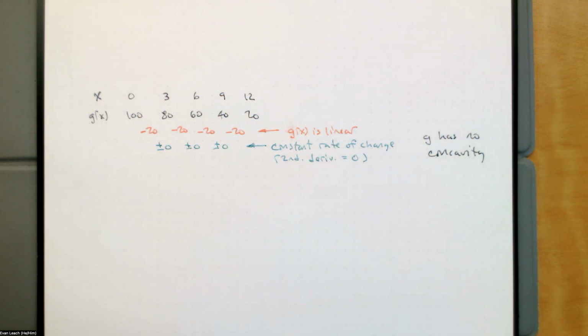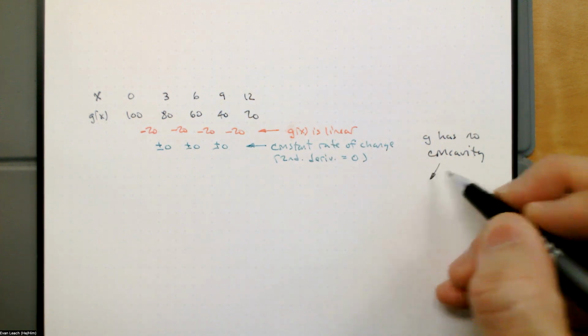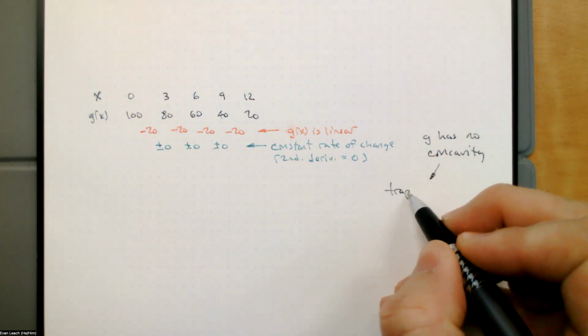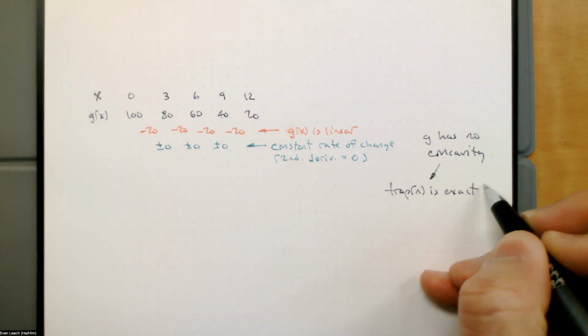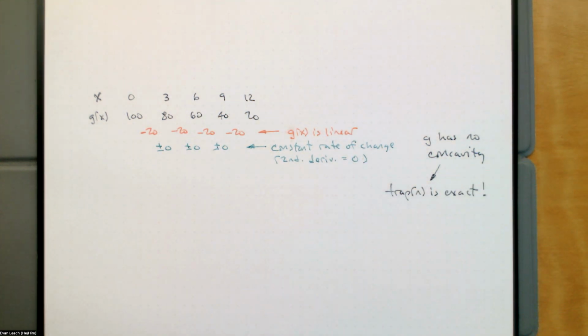It's the concavity that determines whether the trapezoidal rule gives us an overestimate or an underestimate. So if the function is linear, the trapezoidal rule is going to be spot on. There's going to be no difference. When we're dealing with a linear function, the trapezoidal rule is going to give us the exact value that we're looking for.